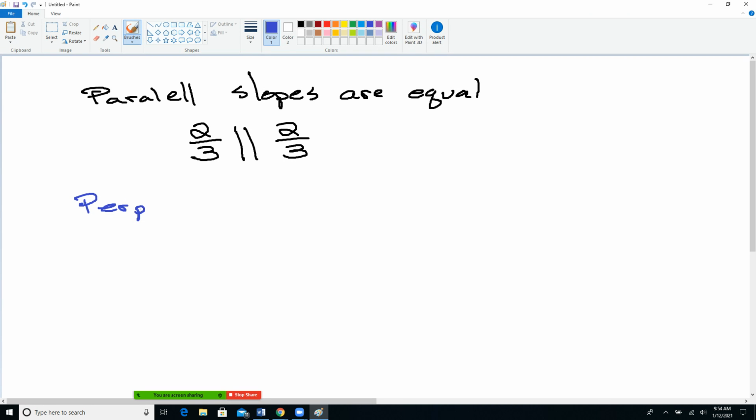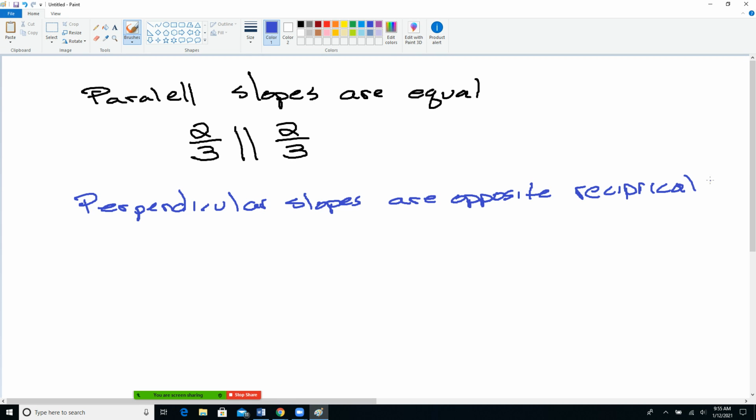Perpendicular slopes are opposite reciprocals. So 2/3 is perpendicular to negative 3/2.